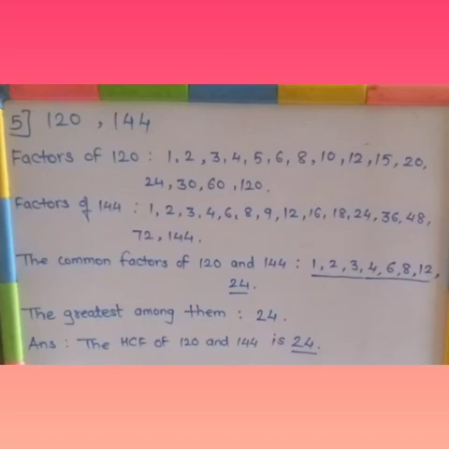The common factors of 120 and 144 are 1, 2, 3, 4, 6, 8, 12 and 24. The greatest among them is 24. So therefore, the highest common factor of 120 and 144 is 24.